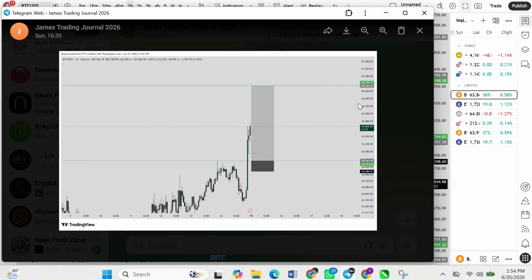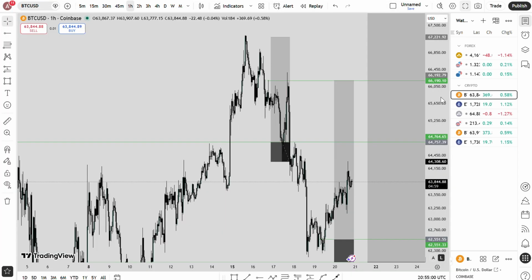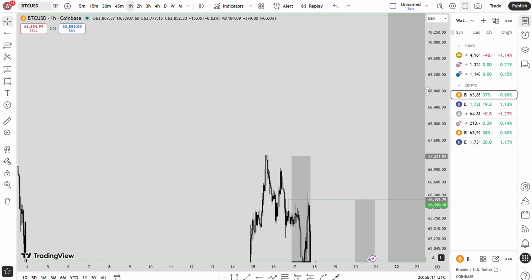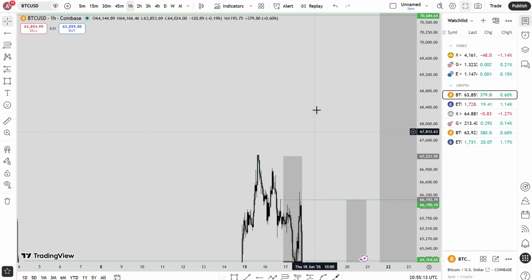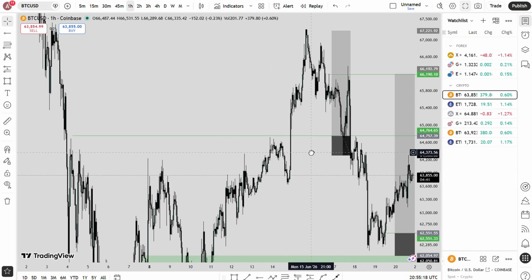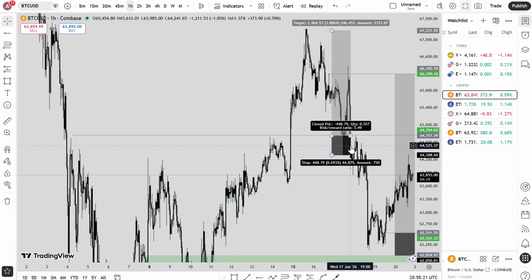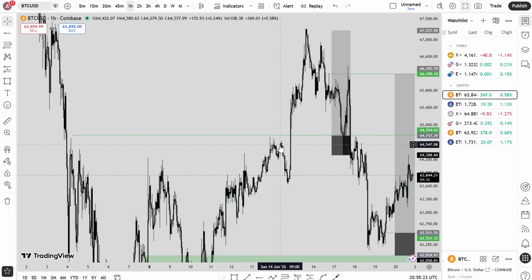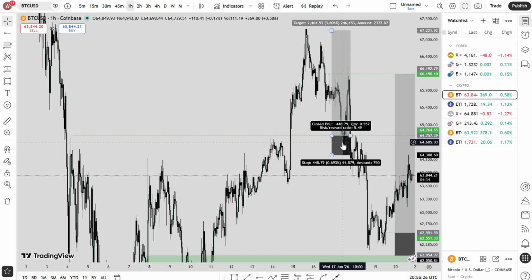As well on the 1 hour, I was targeting the 6755. So it looked like I was targeting this high, like the next high there. This was Wednesday. I think this was the trade. This was Sunday, share.